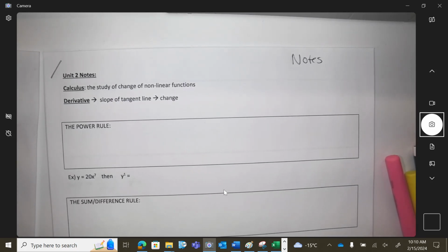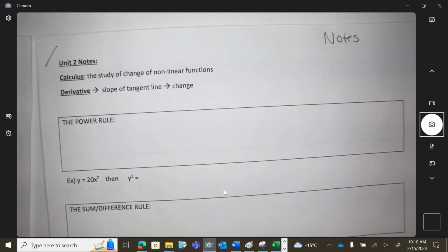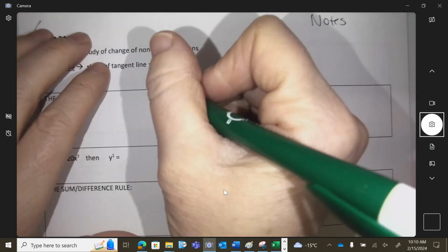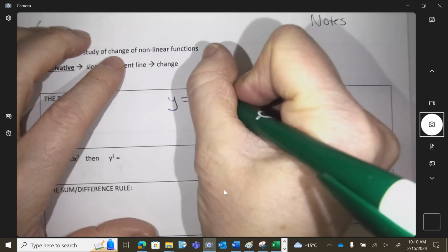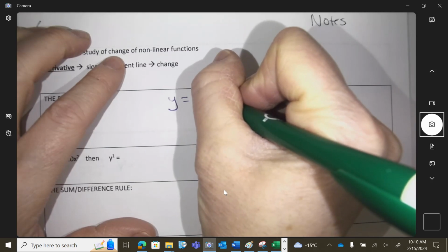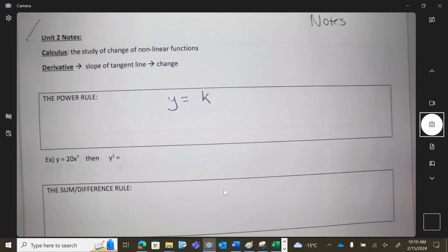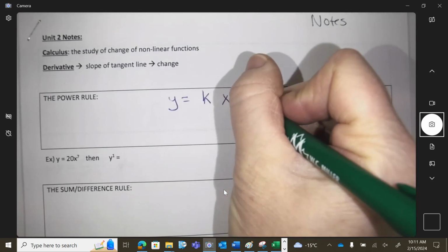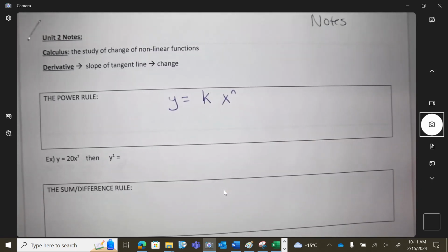Okay, so we talked about the power rule already. So if we had y equals k times x to an exponent, if we had an equation that looked like that, how would we derive it?